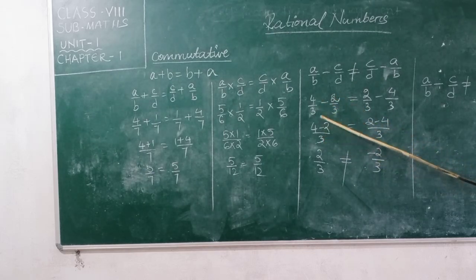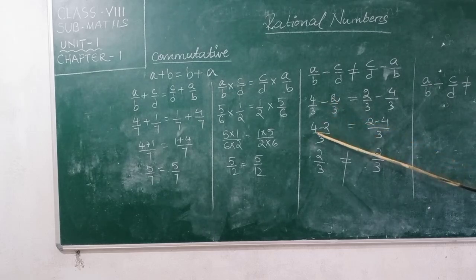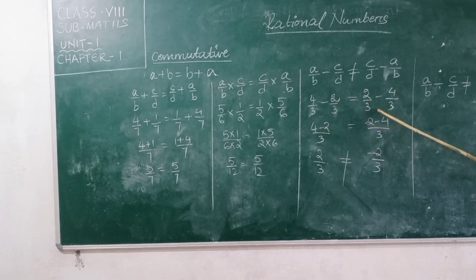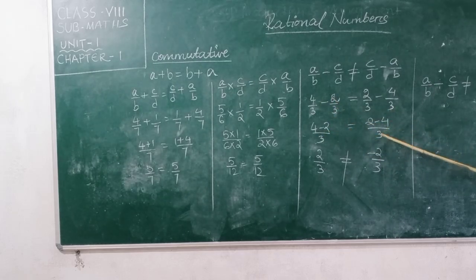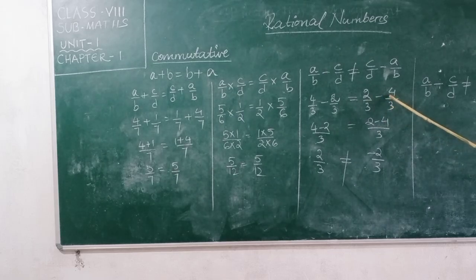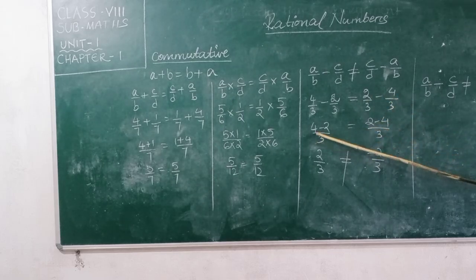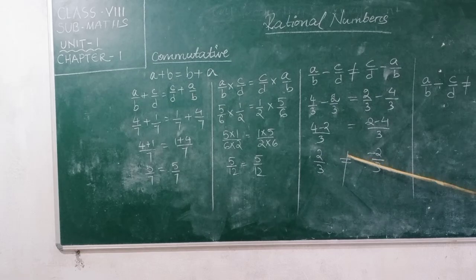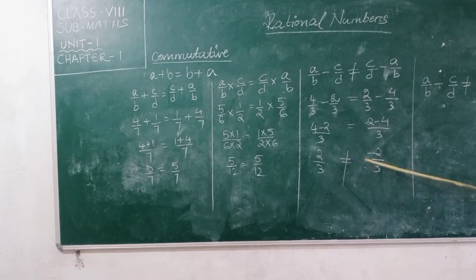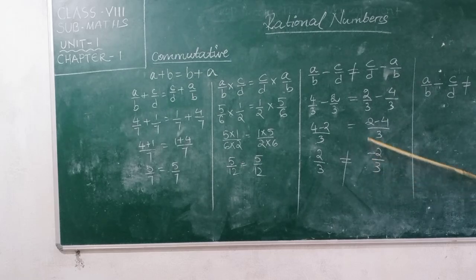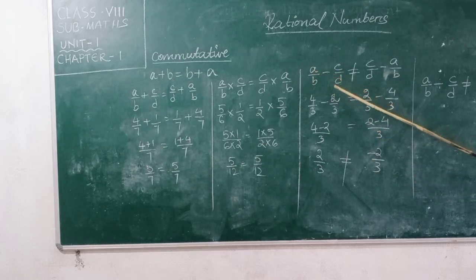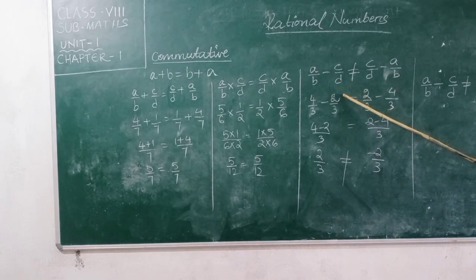So 3 as the denominator and the numerator 4 minus 2 equal to, here also the denominator is the same, so numerator 2 minus 4. So 4 minus 2 is 2 upon 3, which is not equal to 2 minus 4, which is minus 2 upon 3. So here what happened: in commutative property, subtraction will not hold.